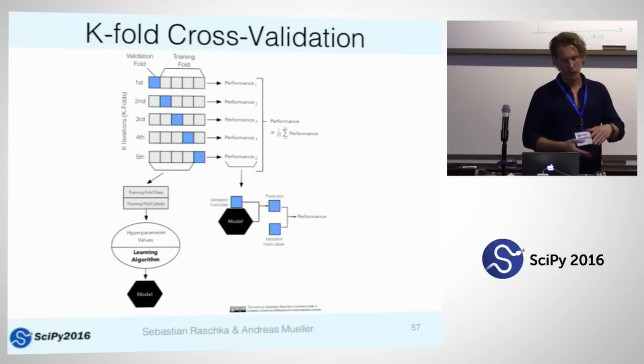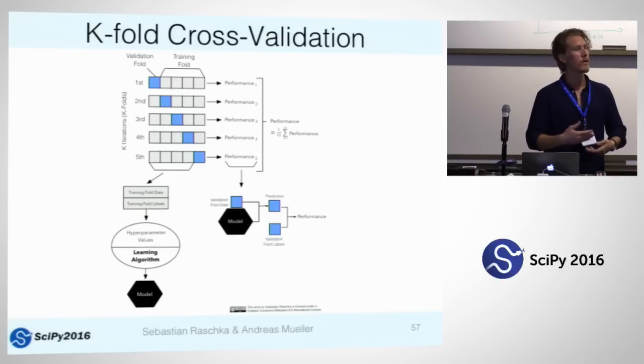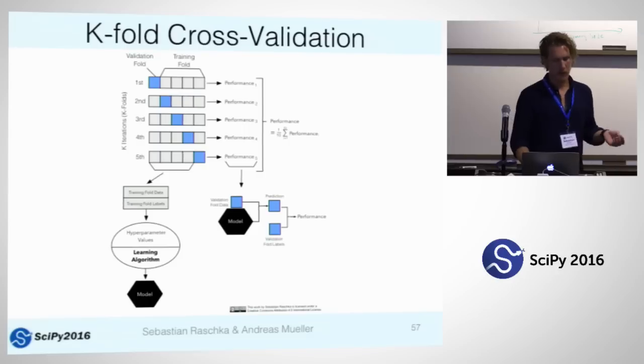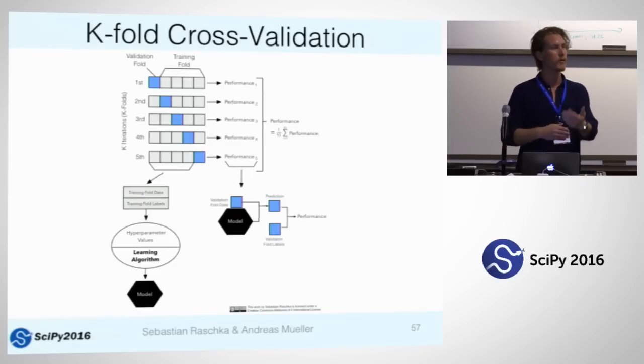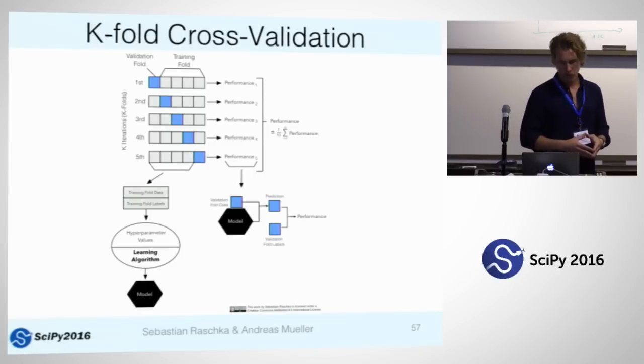The more often you split it, or the higher the K is, the more expensive it is to run, but also maybe the more meaningful your result, with less variance in your results. So it's really a trade-off between computational performance and the accuracy of your accuracy estimate. I would say 5, maybe 10 is optimal.